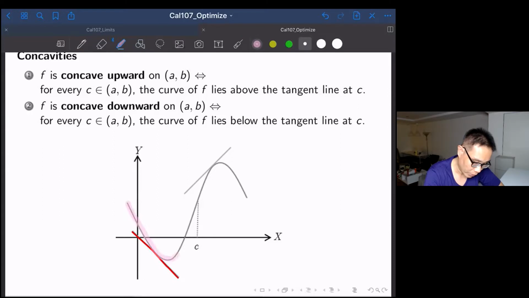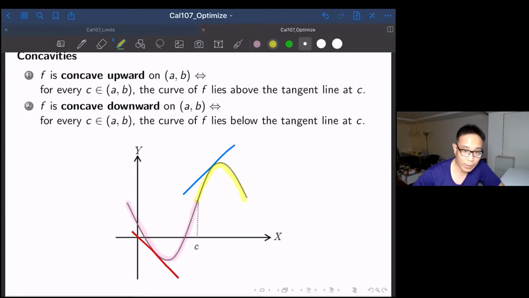All of this part lies above the tangent line. And if x is more than c, your curve is lying below the tangent line. So in this case, it's going to look like this.